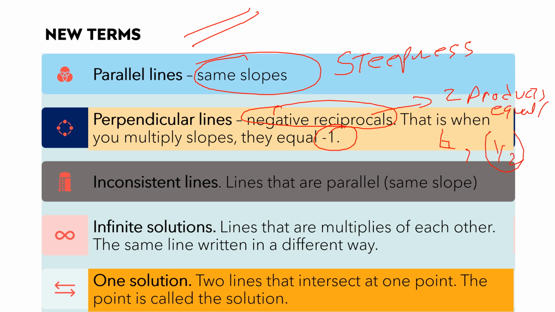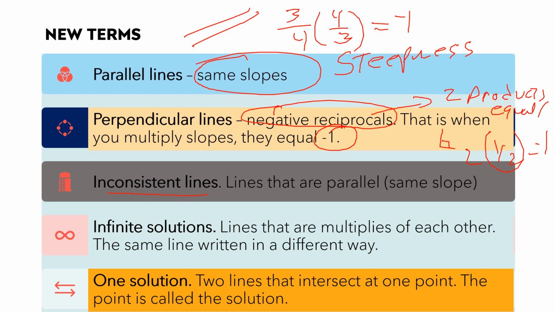So 1/2 and 2, they're reciprocals because when you multiply them together, you get 1. Reciprocal is just another way of saying you're going to multiply two things to get 1. Anytime you do that, it's reciprocal. So a negative reciprocal would be that with the negative sign.